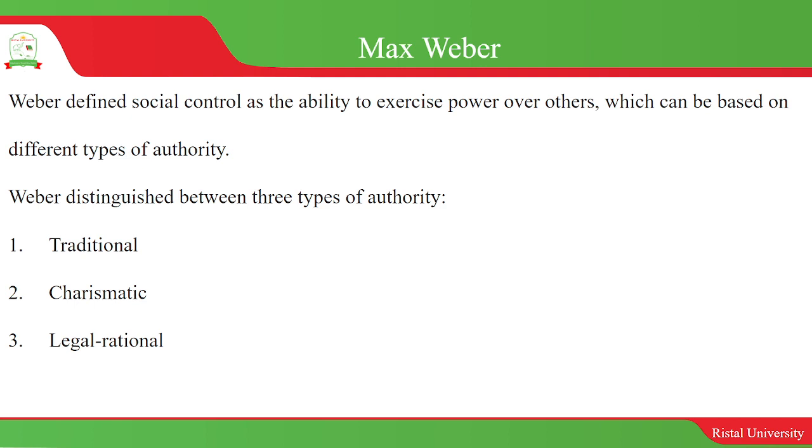Okay, so for him, he says that social control is the ability to exercise power over others. Okay, and it is based on authority. And the authority can be categorized into three: traditional, charismatic, and legal-rational authority.